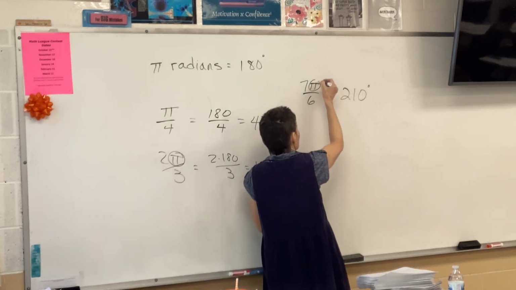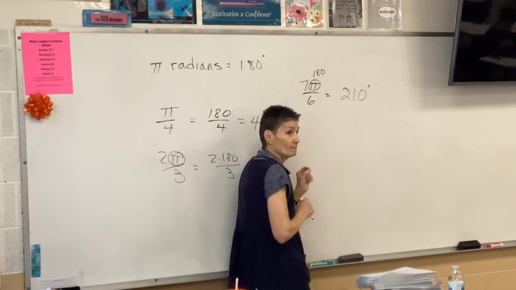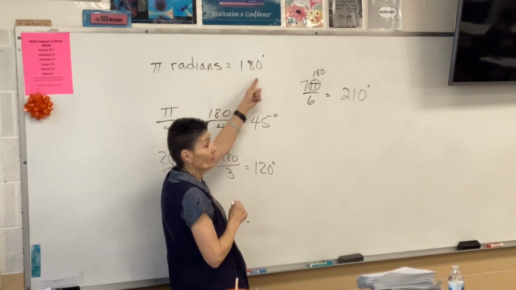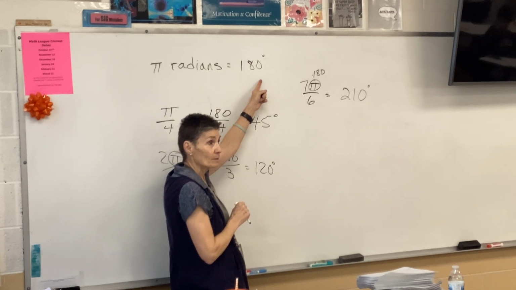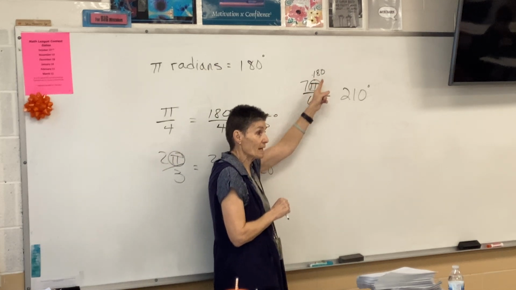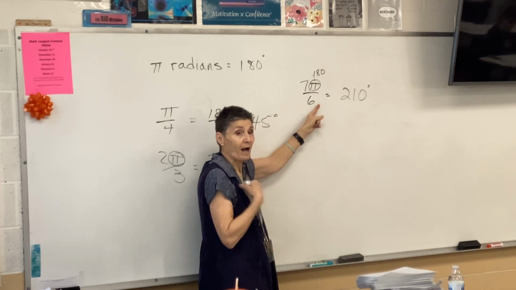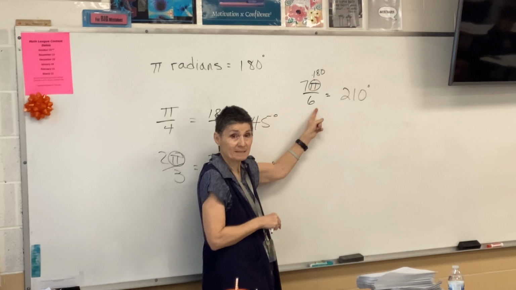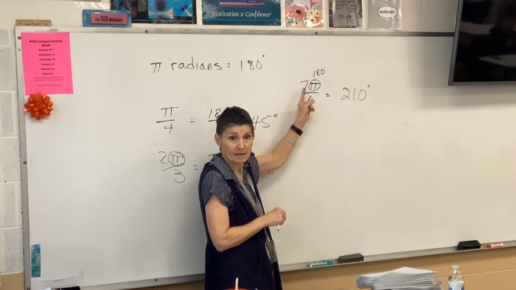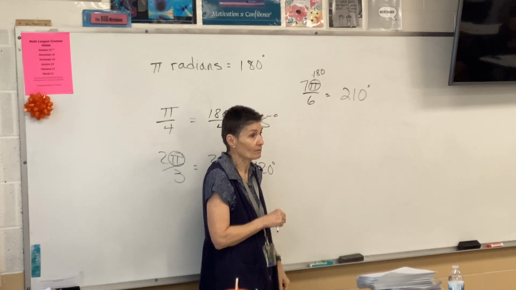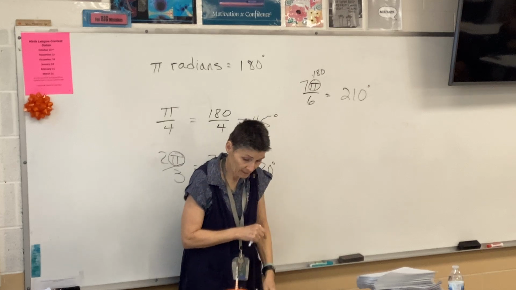We let this right here be 180, because that's what it is. So we took 7 times 180 and divided by 6. I like to do 180 divided by 6, which is 30, times 7 is 210. Doesn't matter how you calculate it.